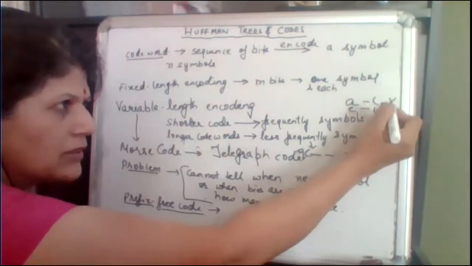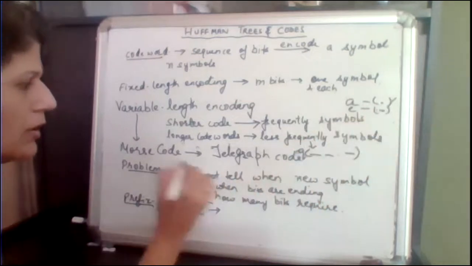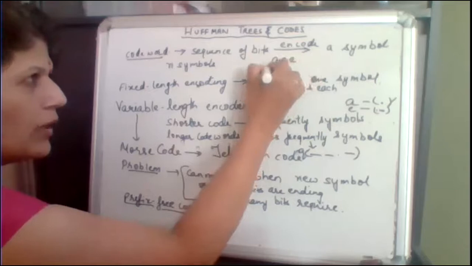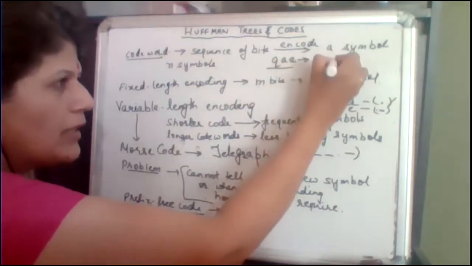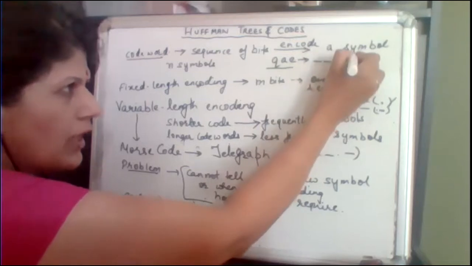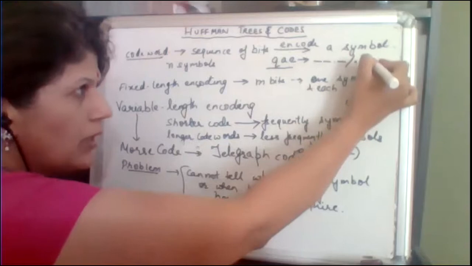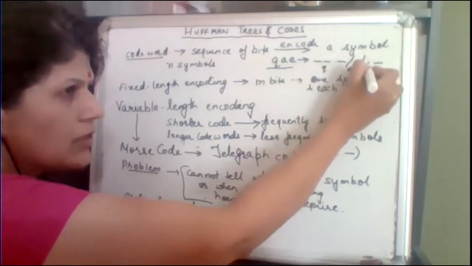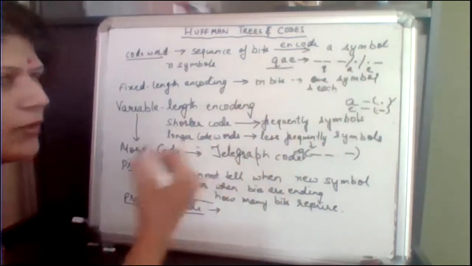So let's say we have a slash here as a prefix. Say we want to represent QAE. This can be represented by dash dash dot dash, then a prefix symbol, then a dot, a prefix symbol, and then the next code. So this represents Q, this represents A, this represents E. So we have to use a prefix here.